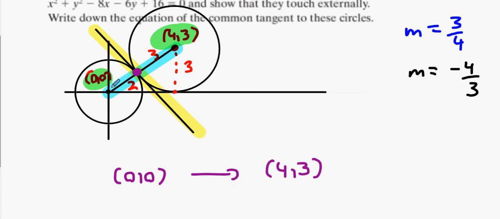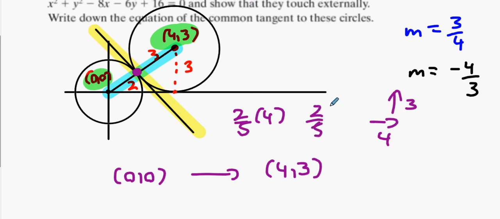But I want a distance of 2 away, so would you agree that's 2/5 of that distance? So what's 2/5 of 4? Because you go across 4 and up 3. So what's 2/5 of 4 and 2/5 of 3? Yeah, 8 over 5 and?